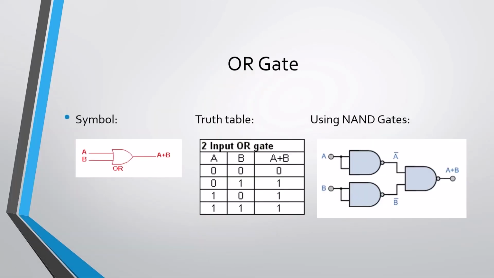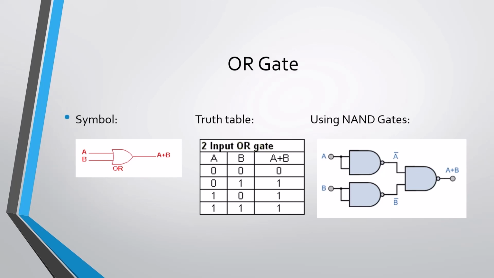Next, the OR gate. The OR gate gets its name from the fact that it behaves after the fashion of the logical inclusive OR. The output is true if either or both of the inputs are true. If both inputs are false, then the output is false. In other words, for the output to be 1, at least the first input or the second input must be 1.